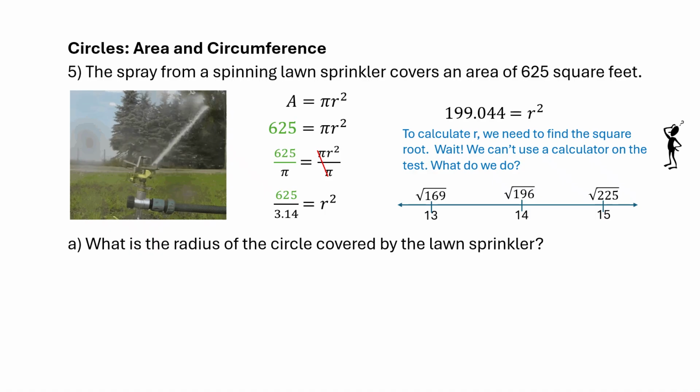And the square root of 225 is 15. Where would square root of 199 fall at? If you guess somewhere near square root of 196, you'd be correct. That means the radius of the circle covered by the lawn sprinkler is about 14 feet.